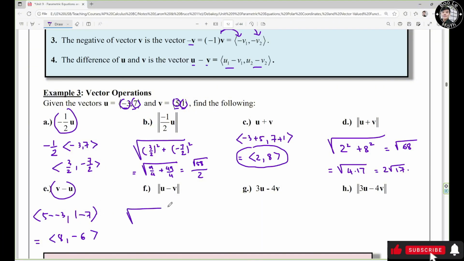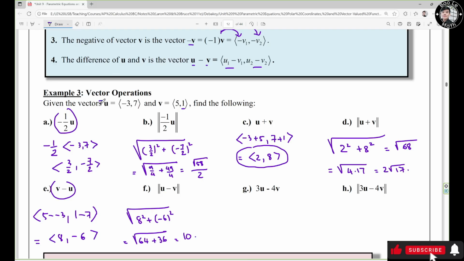So it's gonna be square root of 8 squared plus negative 6 squared, right? So it could be square root of 64 plus 36, and it's gonna be square root of 100, and it's gonna be 10, right?